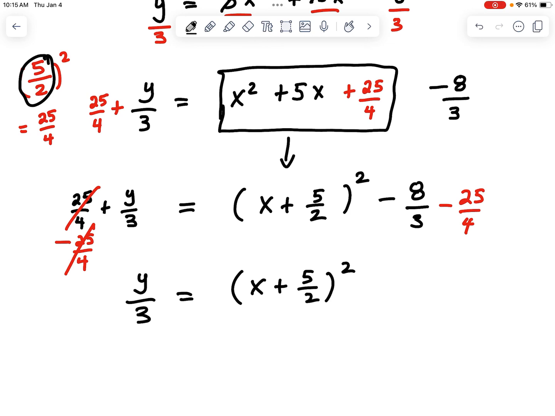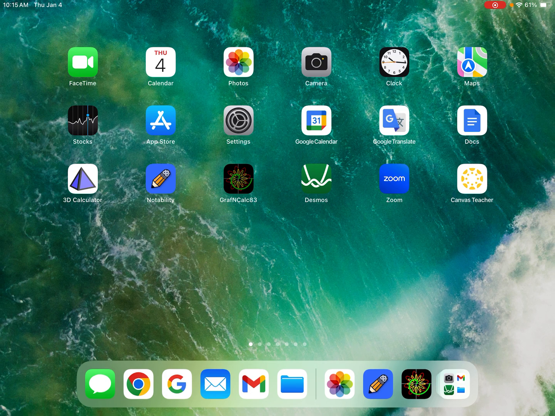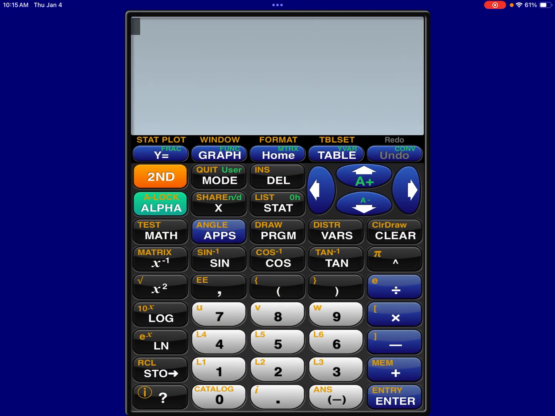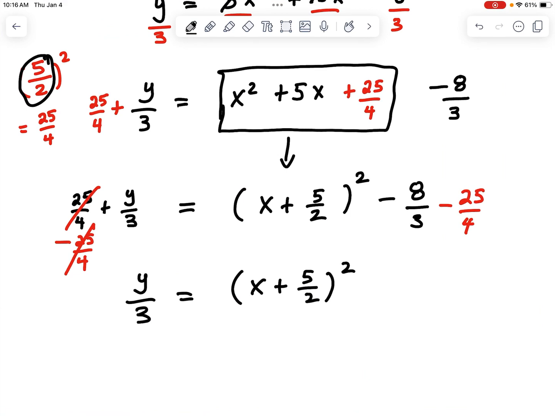For that, you could get a common denominator, or you could switch over to a calculator real quick and say, what is negative 8/3 minus 25 divided by 4, and go to math and change that to a fraction, and it's negative 107 over 12. So this is negative 107 over 12.